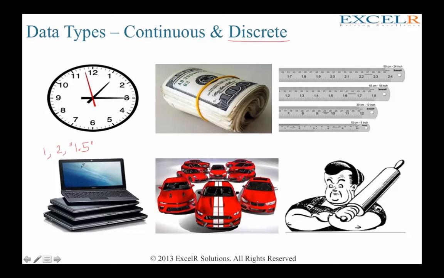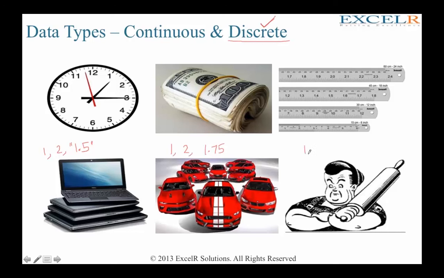If it does not make sense, it is called discrete data. I can say I have one car, I can say I have two cars. Can I say I have 1.75 cars? Does it make sense? No. If we represent something in decimal format, and if it does not make sense, it is called discrete data.